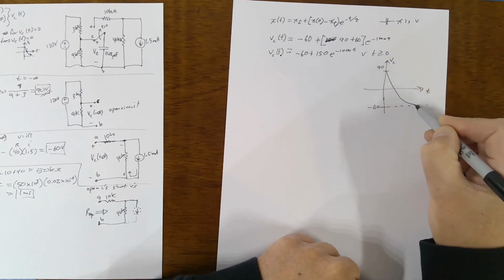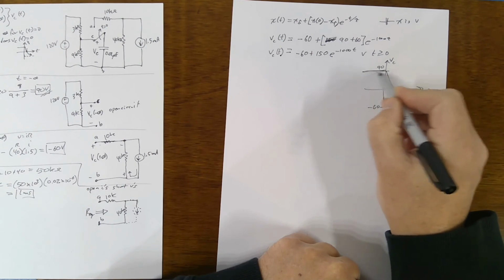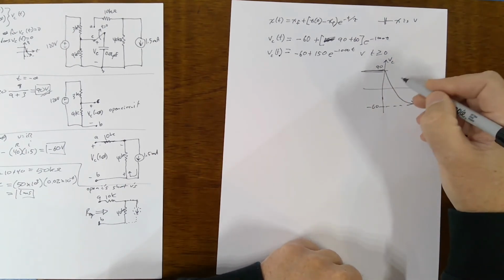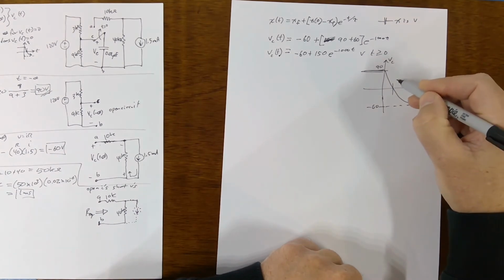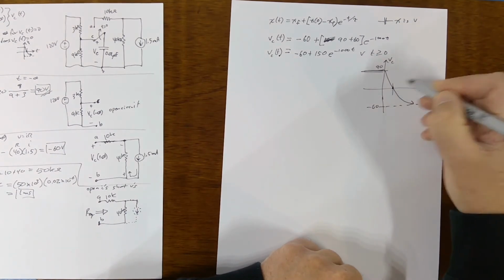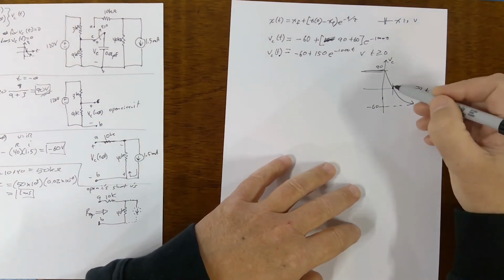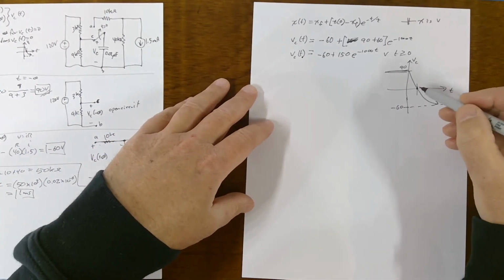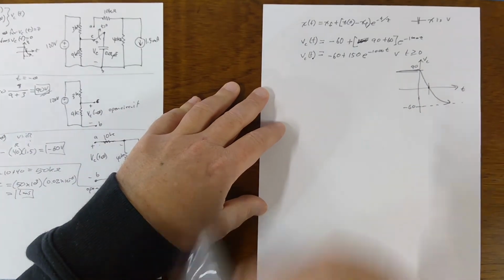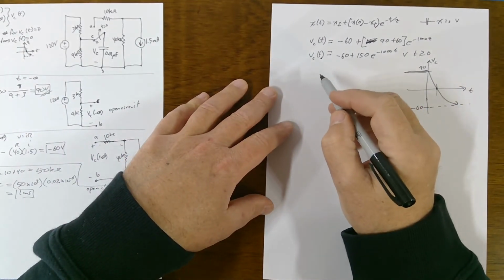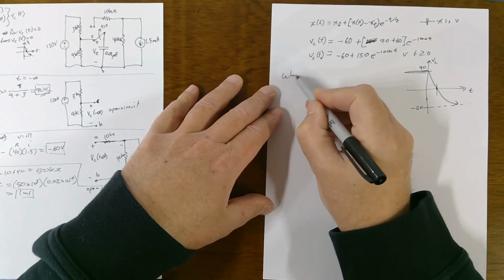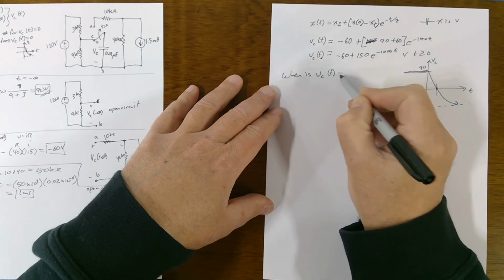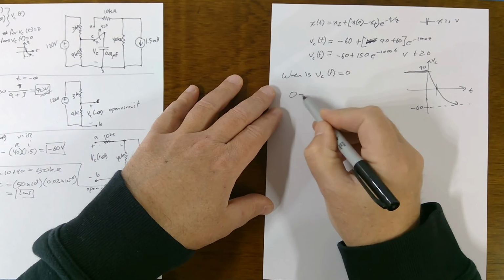So it goes like that. And this is a cap. It's not going to have a step, so it'll be continuous before that. So we want to know what is this t value? When does it cross the x-axis? We want to know when is VC of t equals 0. So set it equal to 0.